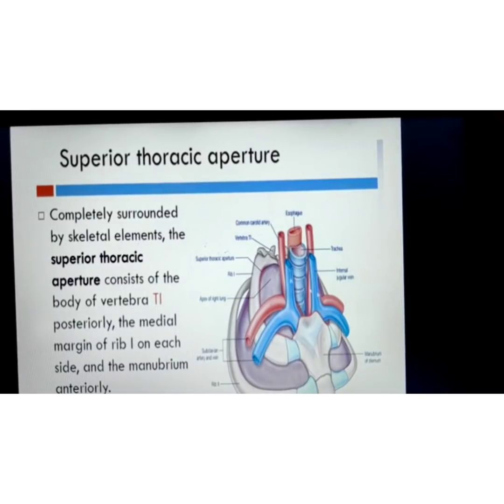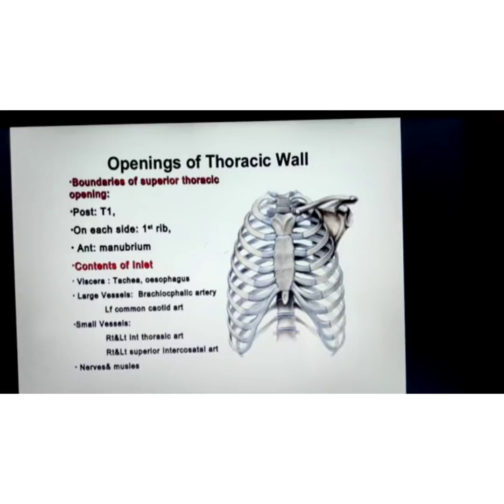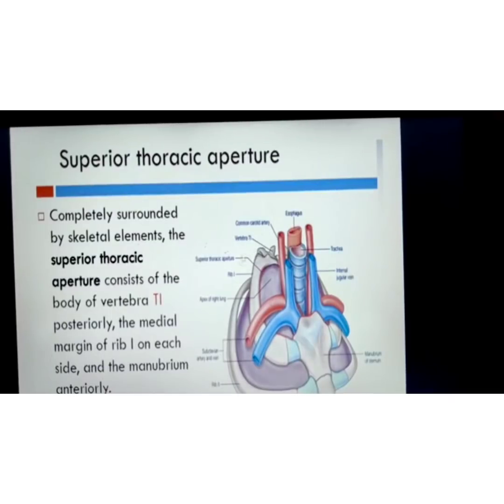Now, the superior thoracic aperture is completely surrounded by skeletal elements. It consists of the body of the first thoracic vertebra, the medial margin of the first rib on each side, and manubrium sterni anteriorly.